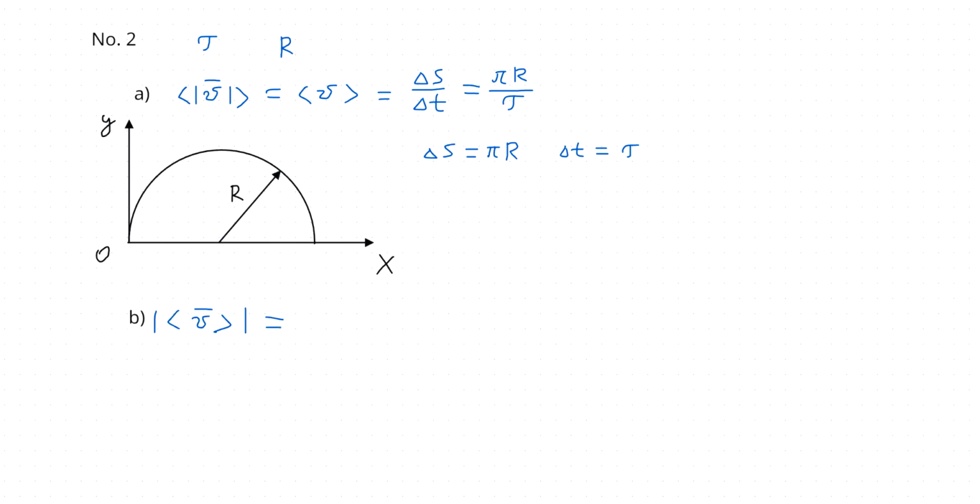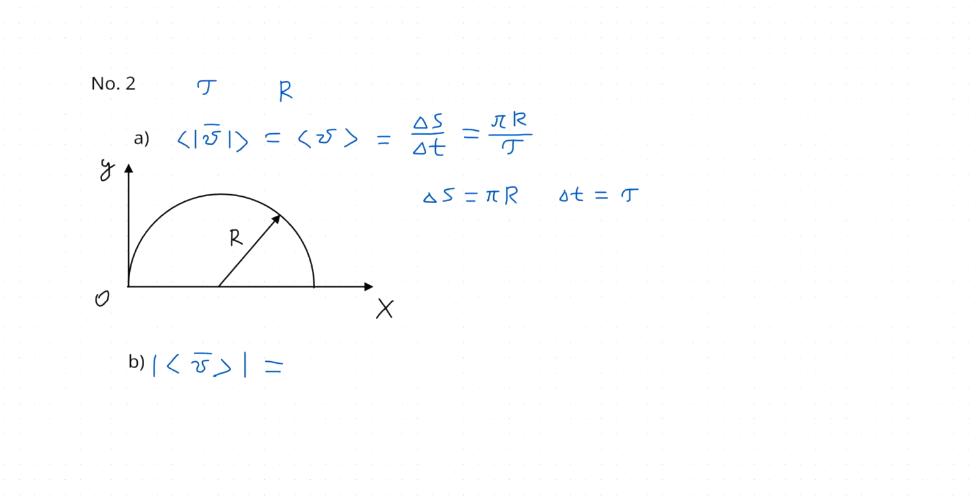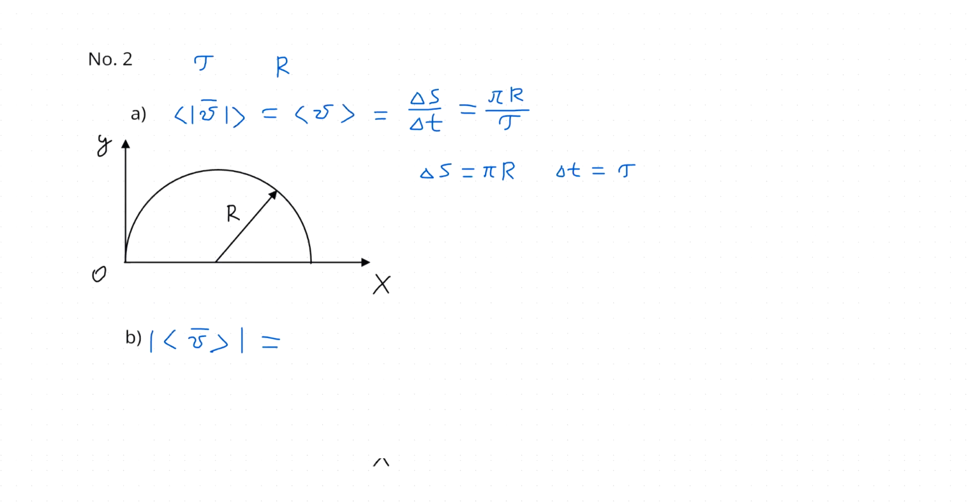Okay, so if the average modulus of velocity was path length divided by time, in this case we need the average vector of velocity. So it is necessary to divide the displacement vector by time.